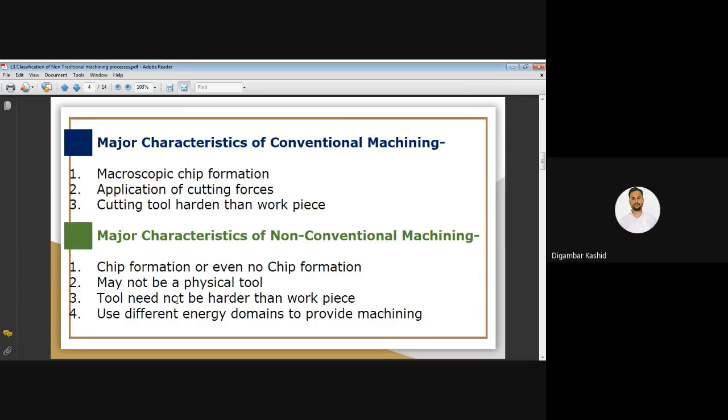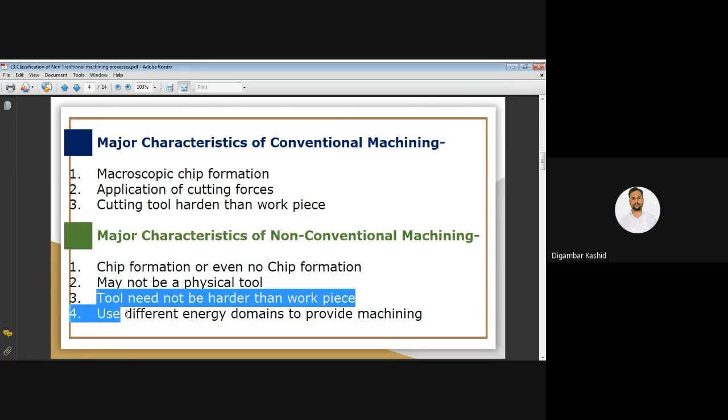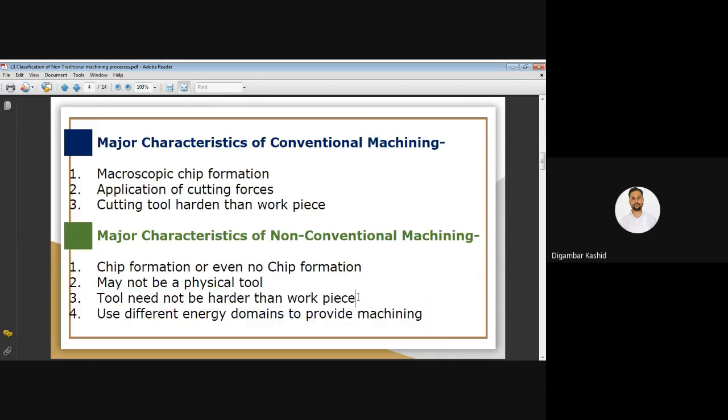So the third and fourth points are important. The tool need not be harder than the workpiece, which means we do not have any barrier about tool strength, or in other words, no need to go for a harder tool. Here we use different energy domains for machining, and depending on that we have different types of non-conventional machining.